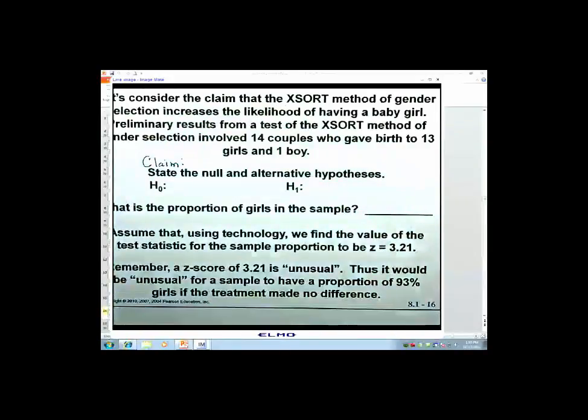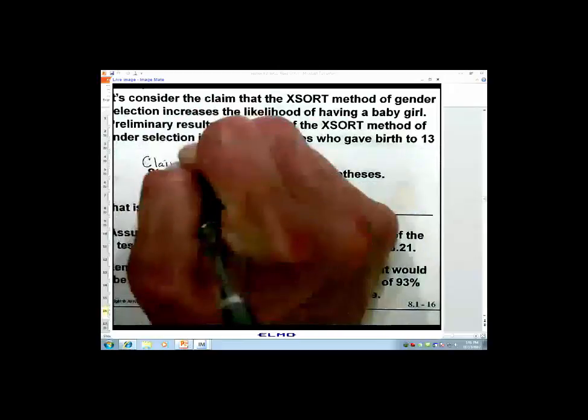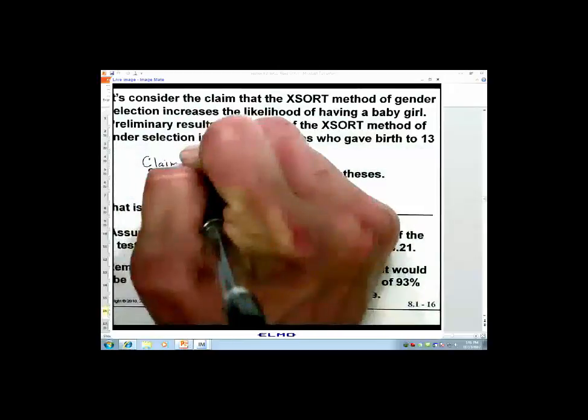You've got to give me something other than a pronoun there. What population parameter are we talking about? A proportion, a mean, or a standard deviation? A proportion. All right, so the claim is that the proportion of girls is greater than 0.5.